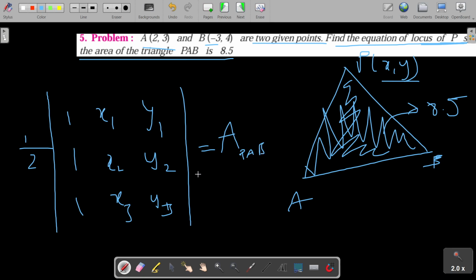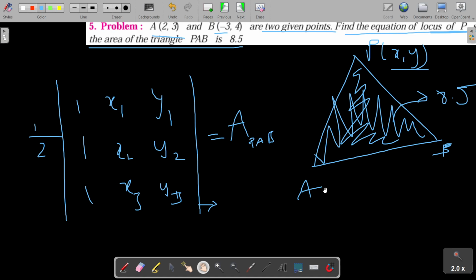This is basically the determinant of the matrix form for the area of the triangle.